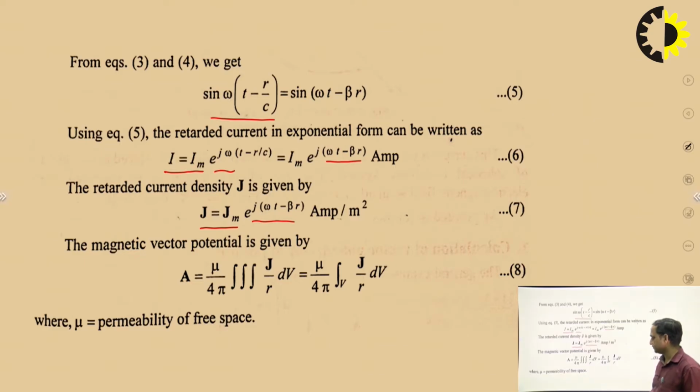The unit is ampere per meter square. The magnetic vector potential we can define as A equals mu upon 4 pi integral of J upon r dv.